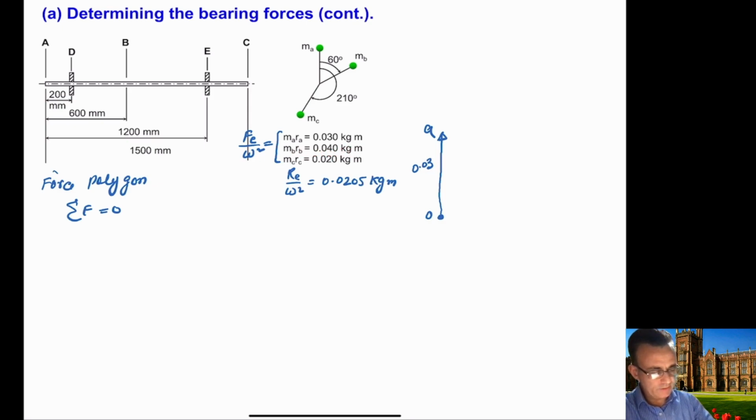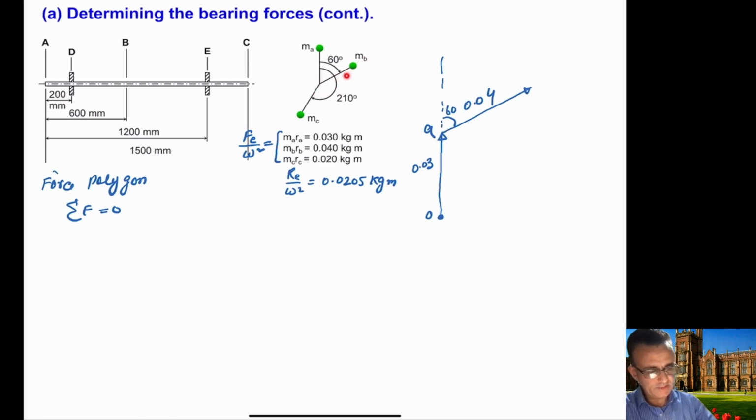And this will be 0.04, and this should make an angle of 60 degrees with the vertical.